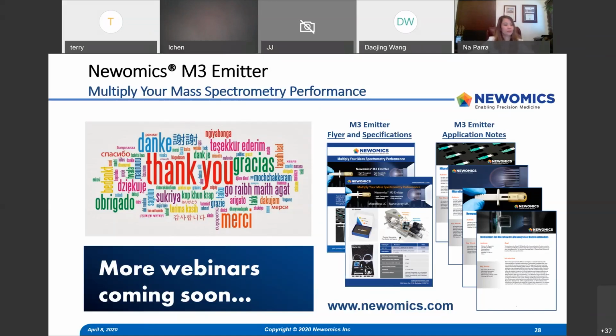On the other hand, if you cannot reduce your IgG or other protein amounts, you can do flow splitting. That's the third way I suggest using our emitter. In that case, you can reduce both the injection amount and the signal altogether, while maintaining your mass spec cleanness.